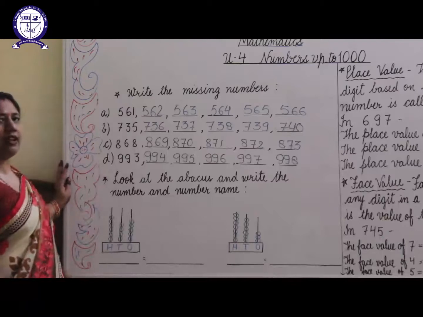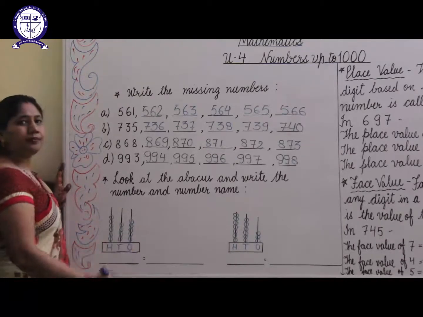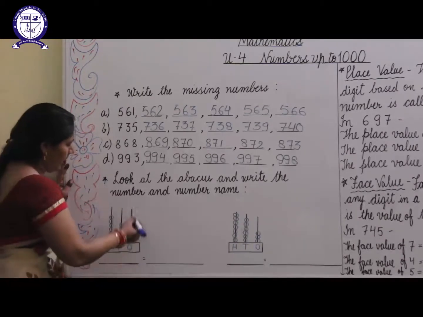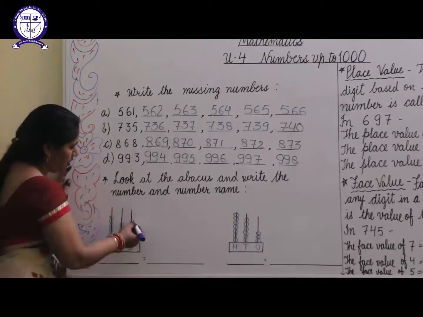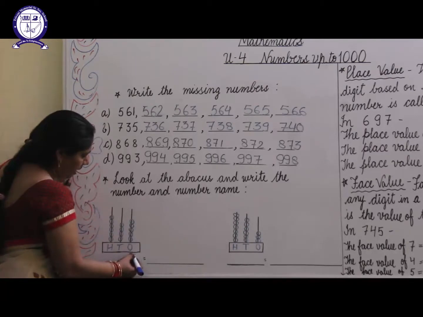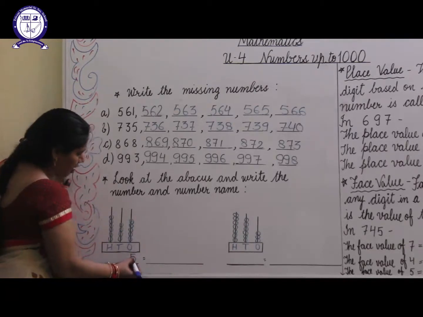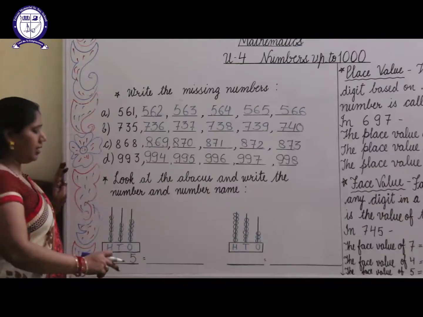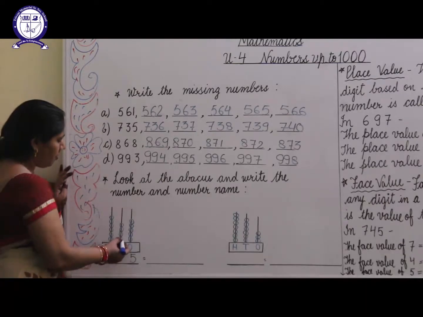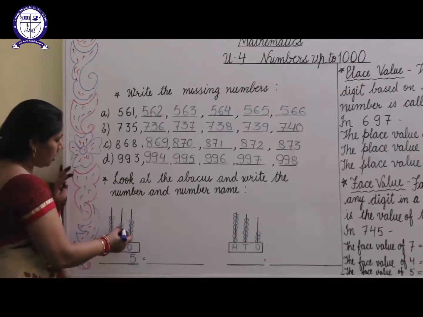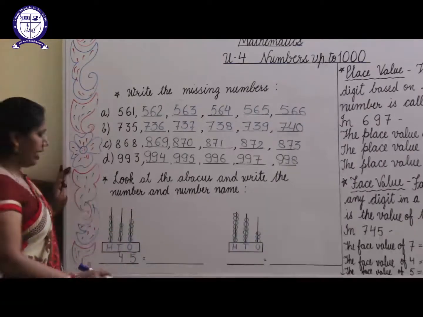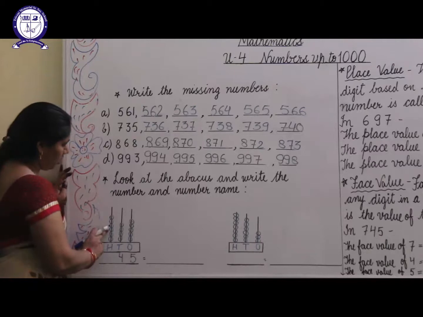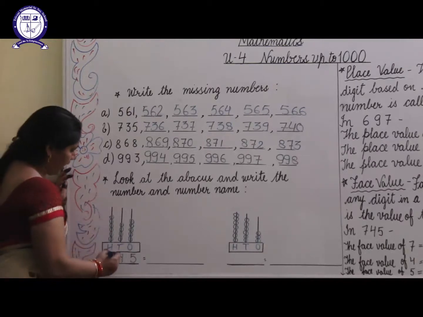Firstly we have to count the beads on the ones place. 1, 2, 3, 4, 5. Then 5 beads on the ones place. And how many beads on the tens place? Let's count. 1, 2, 3, 4. On the 100 place, 1, 2, 3, 4, 5, 6.